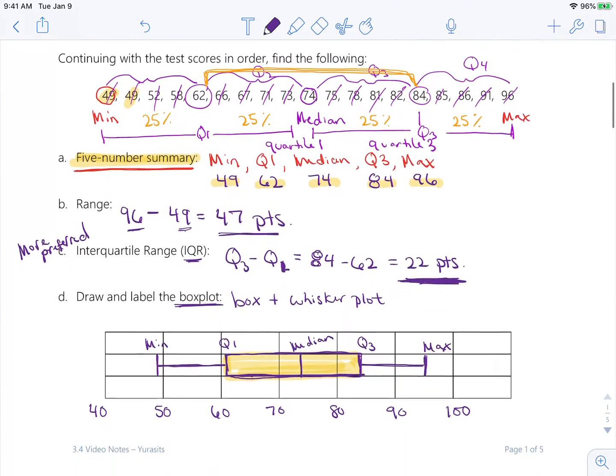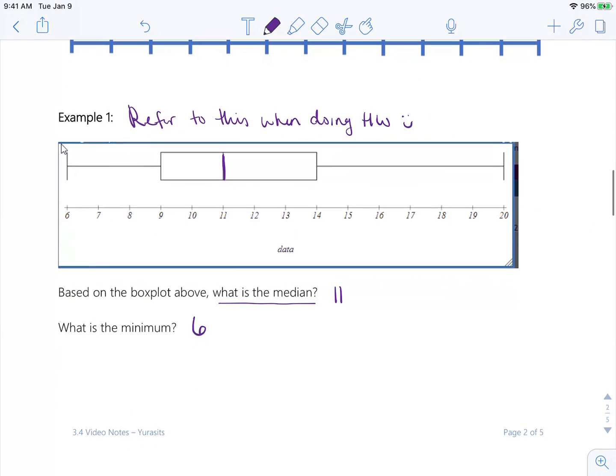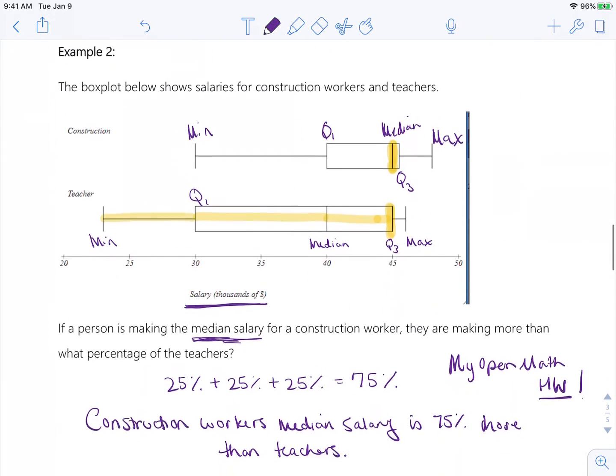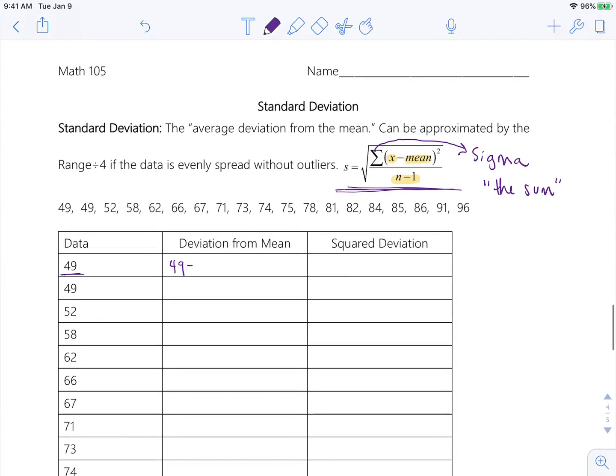We didn't find it in 3.4. We found it in 3.3, if you can remember, because we were still talking about this set of data for the Math 95 exams. So let's remind ourselves, our mean is 73 points. Or you can find it again by adding everything up and dividing by, I believe, 19.